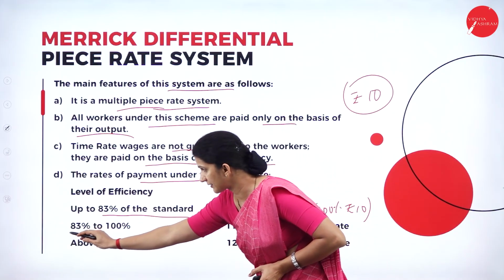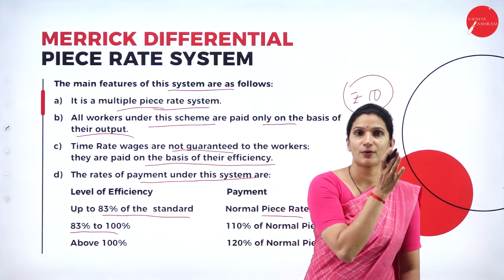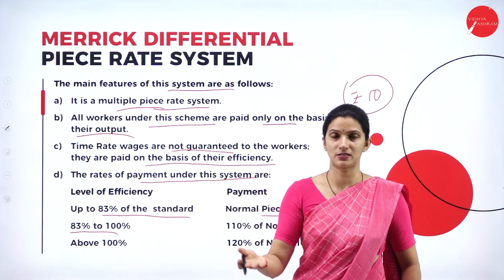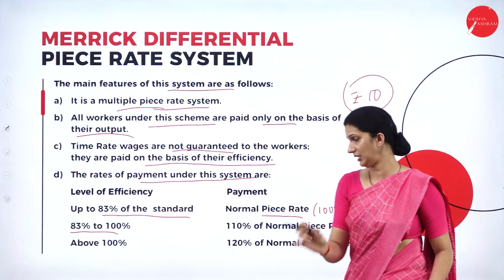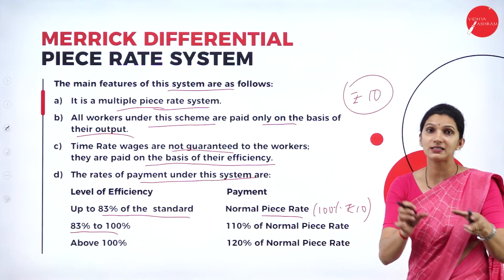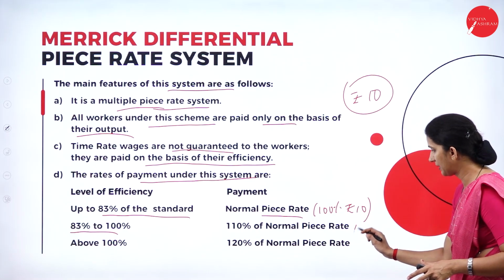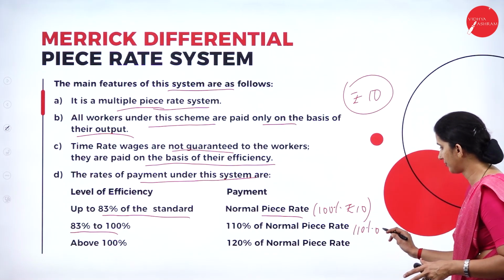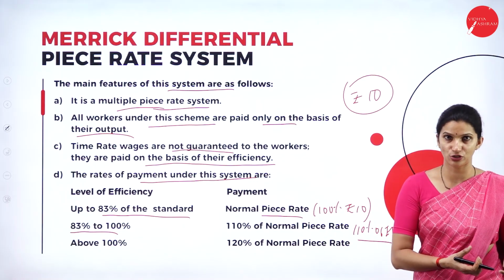Next, the second category is from 83% up to 100%. If the efficiency is between that level, they will get 110% of the normal piece rate. So in this example, 110% of rupees 10 is the piece rate that they are going to get.